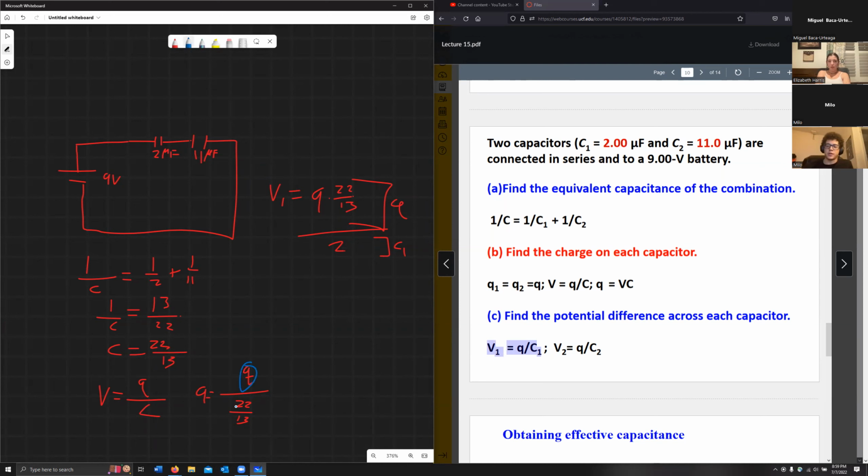Yep, you're right. And then for C1, if I had 1/C is equal to 1/2, C1 is equal to 2 microfarads. You can just look at the capacitance that's in the circuit.